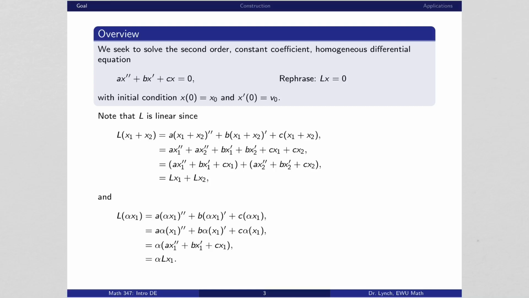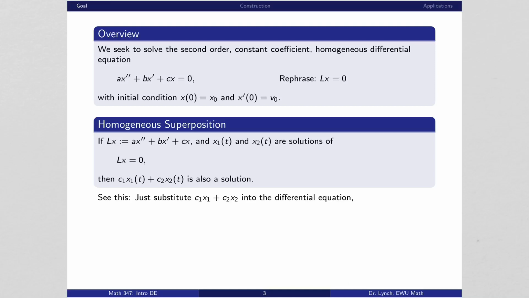With our operator defined, we can rephrase our differential equation simply as Lx = 0. It may not be obvious why that's convenient, but as we go forward, we'll see that this notation is pretty useful.